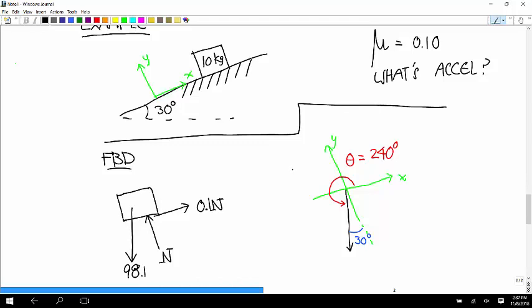And so that weight force vector is 98.1 times the cosine of 240, 98.1 times the sine of 240. Can someone calculate that for me?